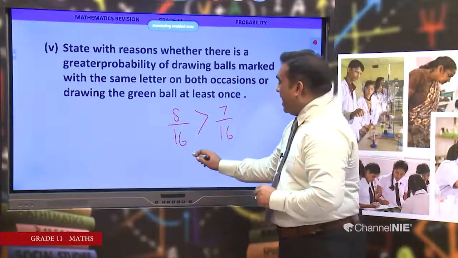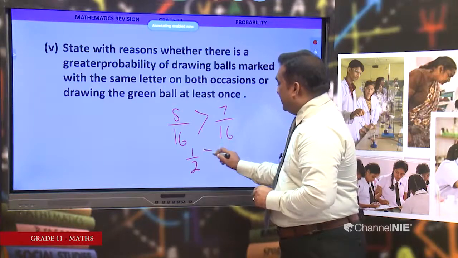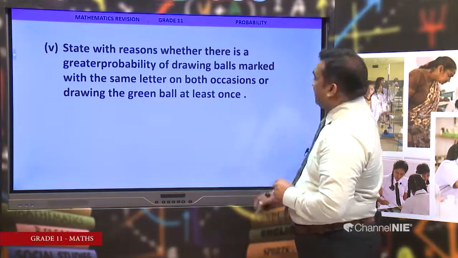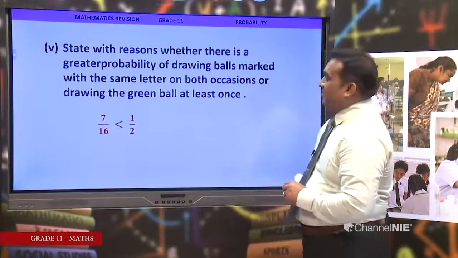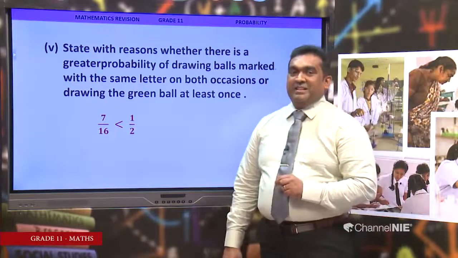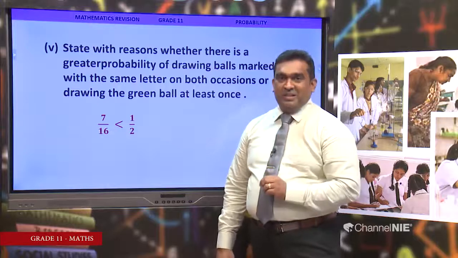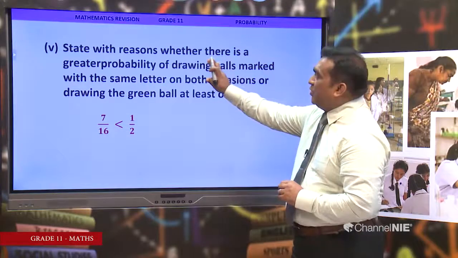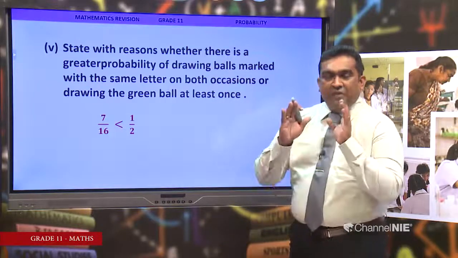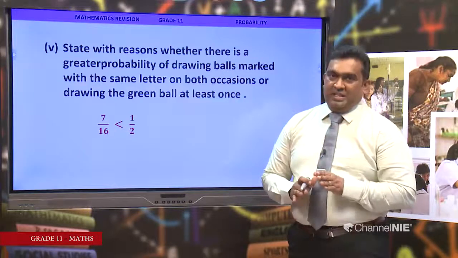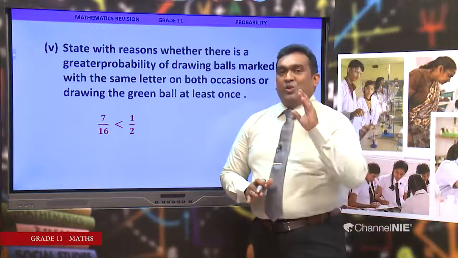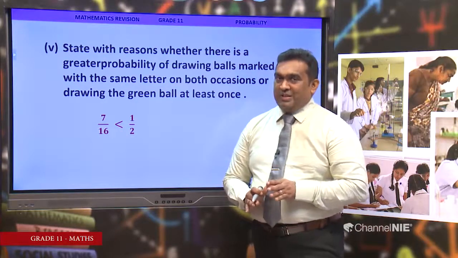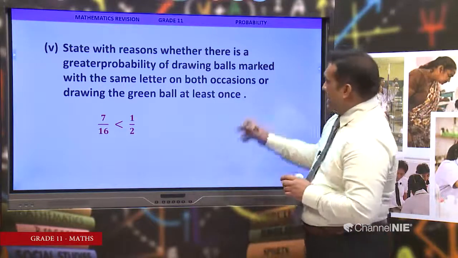It means half is greater than 7 over 16. Right. This is the answer. Read the question well. Identify the given conditions. Then you can use your previous knowledge to complete the answer. Right. Comparison of fractions.